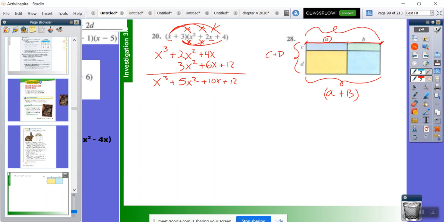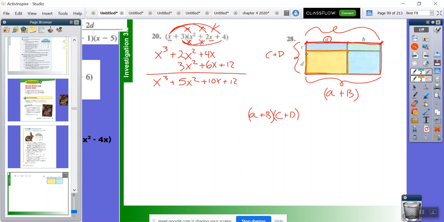So the area of this whole thing can be described as base times height, or C plus D times A plus B. Does that make sense? Yeah. Now that looks like the problems we did before. But what is the area of just this rectangle right here? A times D. So that's AD.